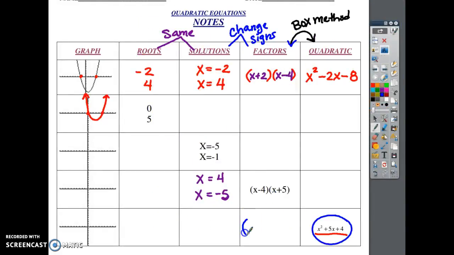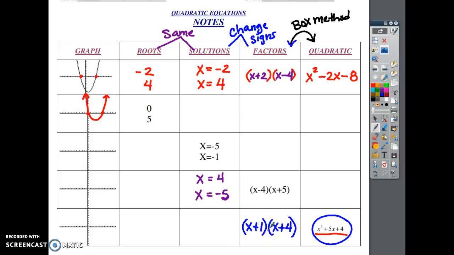So I would put x plus 1 and x plus 4, and then you can finish the rest of the table front and back. So again, roots and solutions are the same, so these two columns should be the same numbers. Factors and solutions, you change the sign. So going from this column to this column, you change the sign.